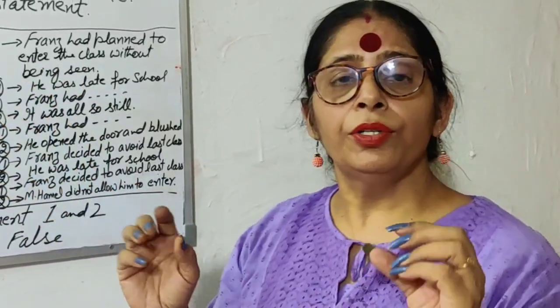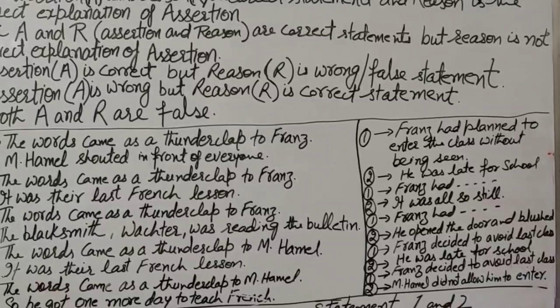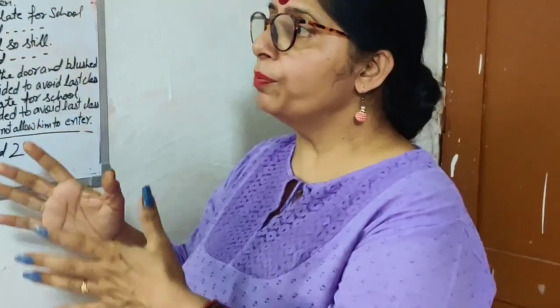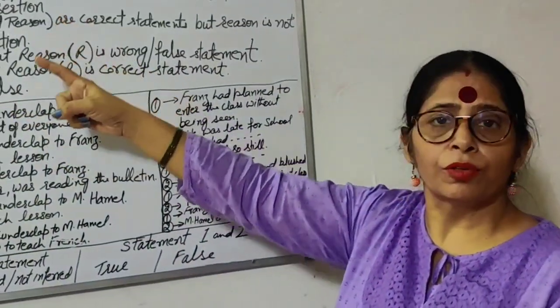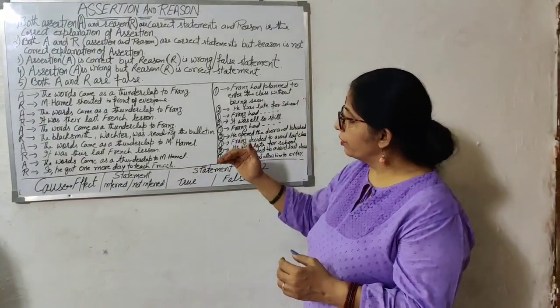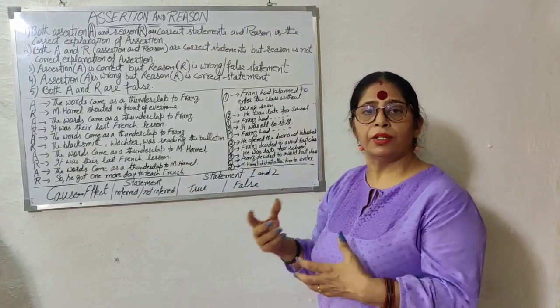So now this is how you will be getting the sentences in pairs, assertion and reason pair or statement 1, statement 2 pair, and you will be asked to answer out of these. Okay, so sometimes you may be asked whether statement 2 infers the meaning or not, statement 1 infers the meaning or not.